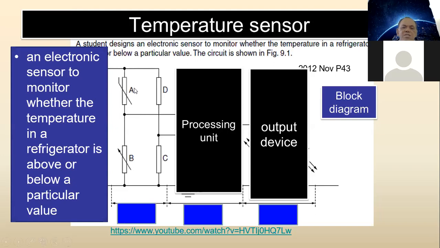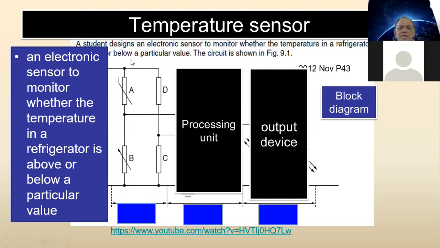So we take the potential not across here, but across here. That means if it's hot, the sensing device gives a low resistance, so the potential here will be low and the potential here will be high. We want the variation type: high temperature, high potential difference. The variation of potential difference must correspond to the environment temperature.